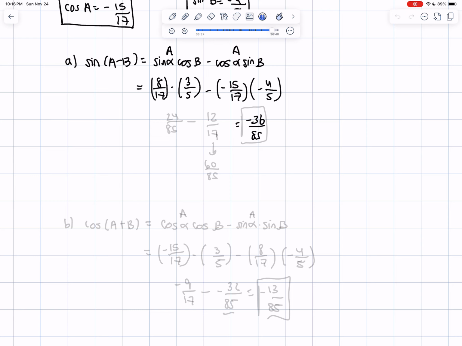And then what I do is on my calculator, I can just multiply these together. 8 over 17 times 3 over 5 is 24 over 85. And then negative 15 over 17 times negative 4 over 5. And remember, when you have two negatives, they multiply to become positive.